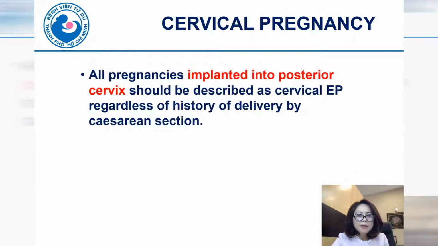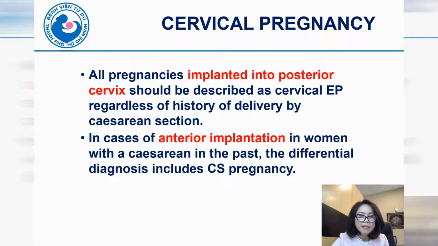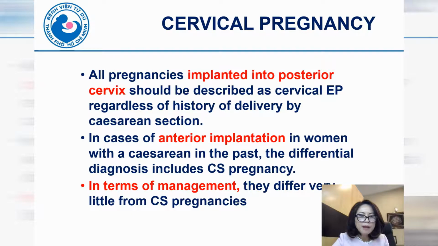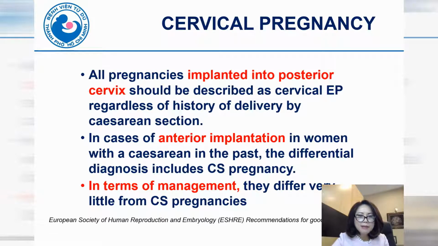However, as the recommendation states, all pregnancies implanted into the posterior cervix should be described as a cervical ectopic pregnancy regardless of history of delivery by cesarean section. In case of anterior implantation in women with a cesarean scar in the past, the differential diagnosis includes cesarean scar pregnancy. However, in terms of management, they differ very little.